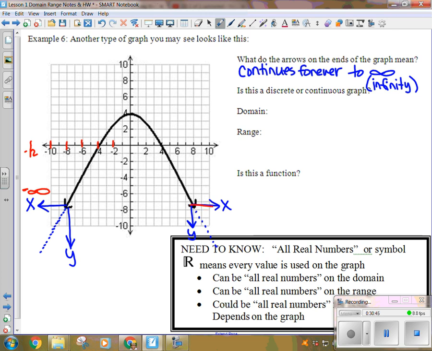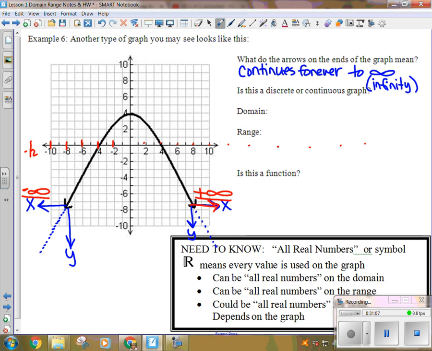What about on this side? These numbers are 2, 4, 6, 8, 10, 12, 20, 30, 50, 100, 150. They're going to keep getting more positive to infinity, and they're going to continue forever. So notice that we have negative infinity on the left, positive infinity on the right.